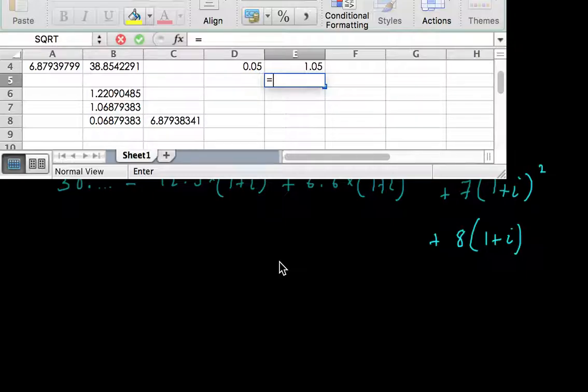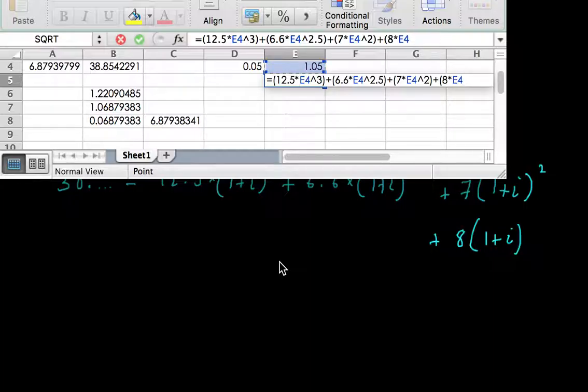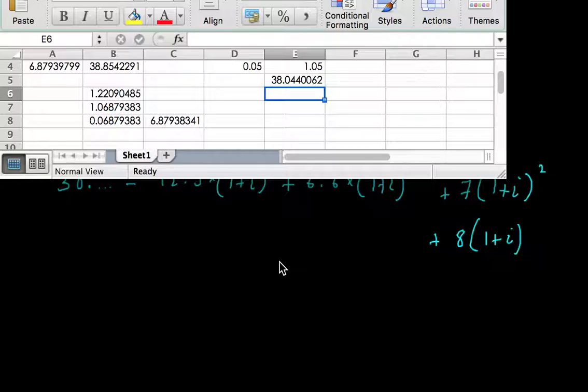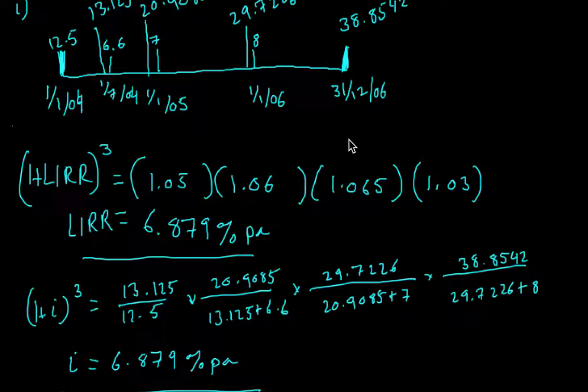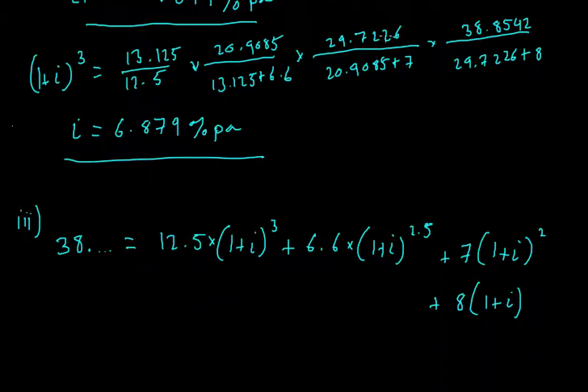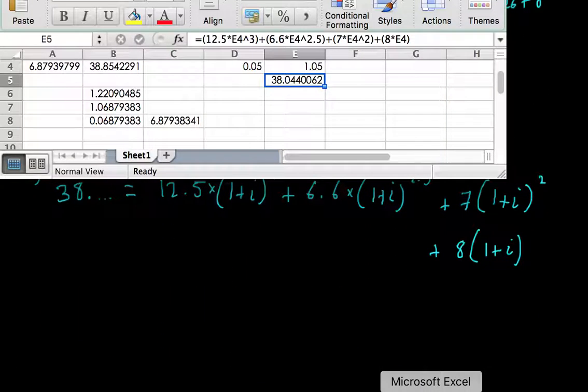Alright, so we started with 12.5 times this to the power of 3. Then we have plus 6.6 times this to the power of 2.5, plus 7 times this to the power of 2, plus 8 times this to the power of 1, and that gives us this amount, 38.044, and we were trying to get to 38.8542.